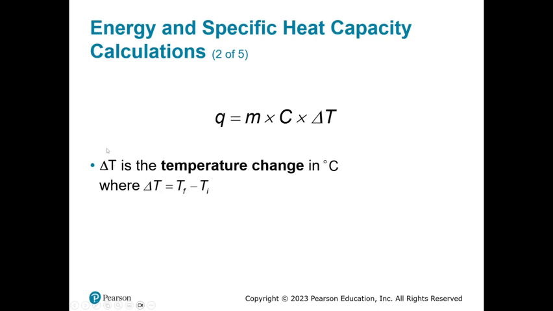So if you're not familiar with this delta T, delta is just how we represent the change of some variable. So the change of some variable is the difference or the subtraction of its final condition from its initial condition. So the final temperature minus the initial temperature is equal to the change in temperature, or the delta of the temperature. We refer to this as delta T.